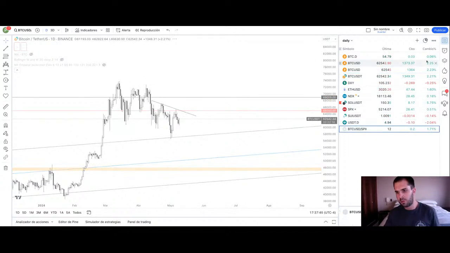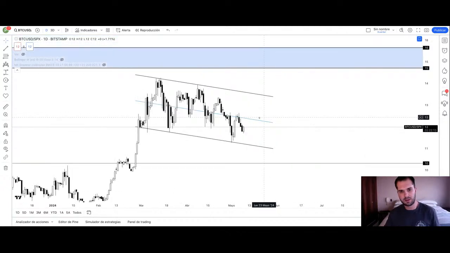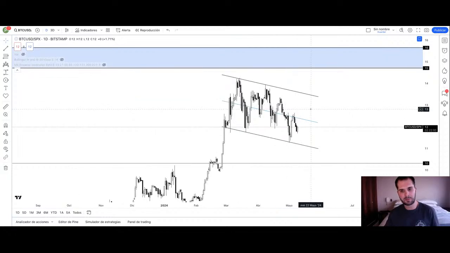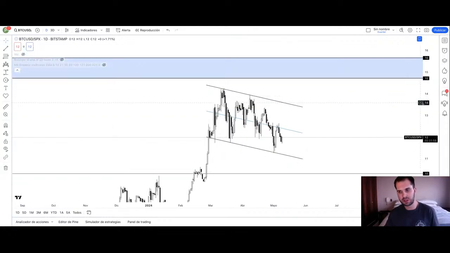Okay, so Bitcoin against the SPX. I redrew the bullish pennant; the failed breakdown just decided not to play out. And I think we are still in a down-sloping consolidation, which is bullish.